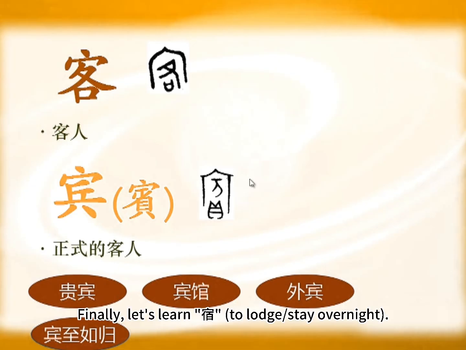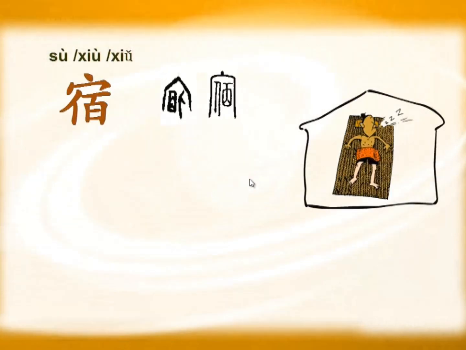Finally, let's learn 宿, to lodge, stay overnight. The form of this character has a house on top. Below left is a mat. Right is a person lying down. So the overall image shows inside the house a person sleeping on a mat.